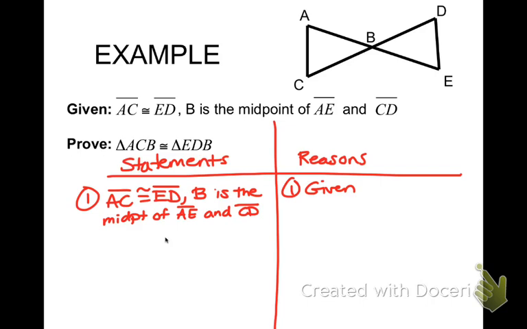Okay, so Kyle noticed that there were no tick marks in our diagram, so we can add in the tick marks. So what do they give us? They give us AC is congruent to ED. So I'm going to put a little tick mark over there.